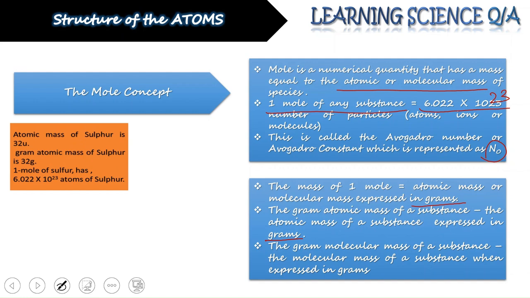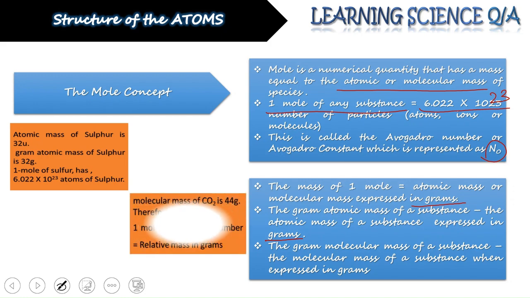Atomic mass of sulfur is 32 units. So the gram atomic mass of sulfur will be 32 grams. That also means that 1 mole of sulfur will have 6.022 into 10 raised to the power 23 atoms of sulfur. The same applies for any compound also. Molecular mass of carbon dioxide is 44 grams.